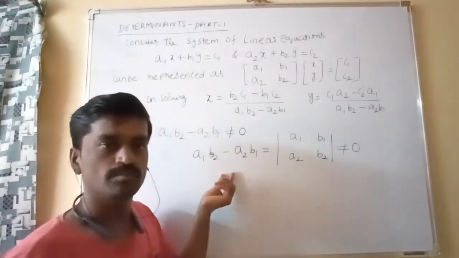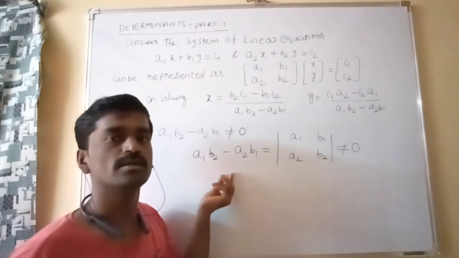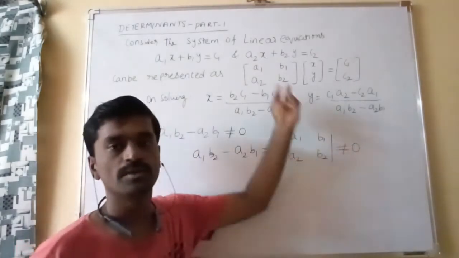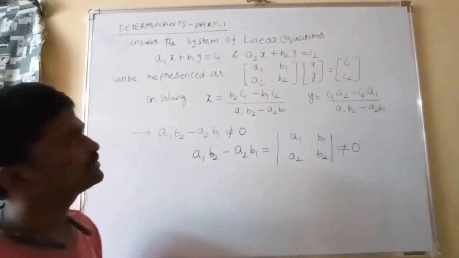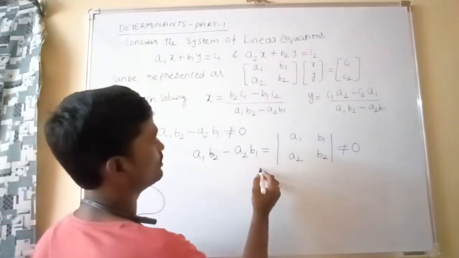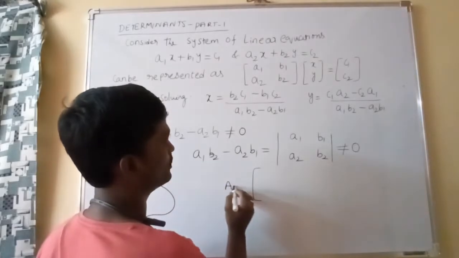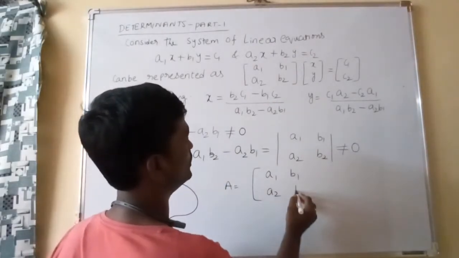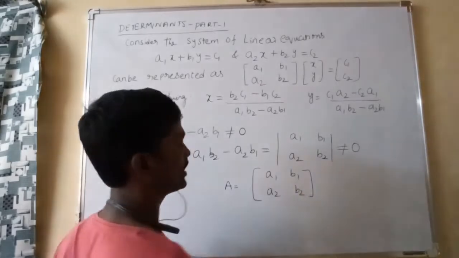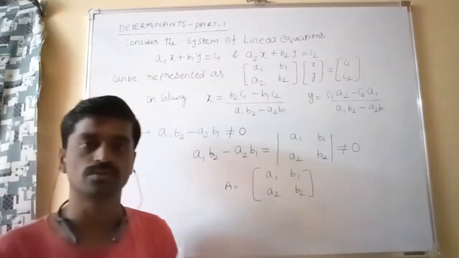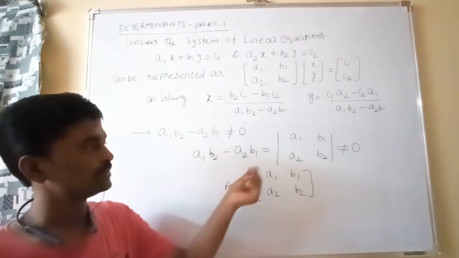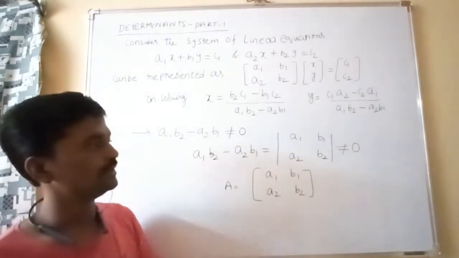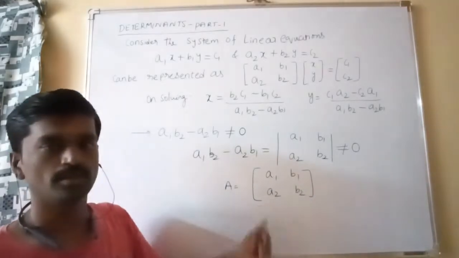That means this number determines the uniqueness of the solution associated to the square matrix capital A is equal to a1 b1 a2 b2, the square matrix capital A whose order is 2 by 2. This number is called the determinant of A.